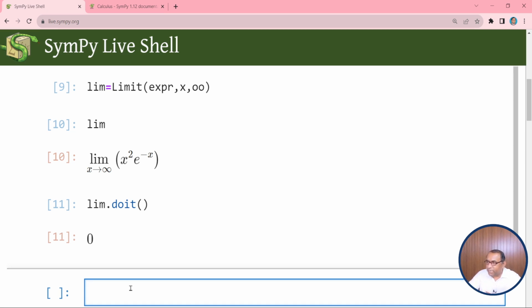Also we can calculate the left limit and right limit of a function. Suppose I have a function equal to 1 upon x.